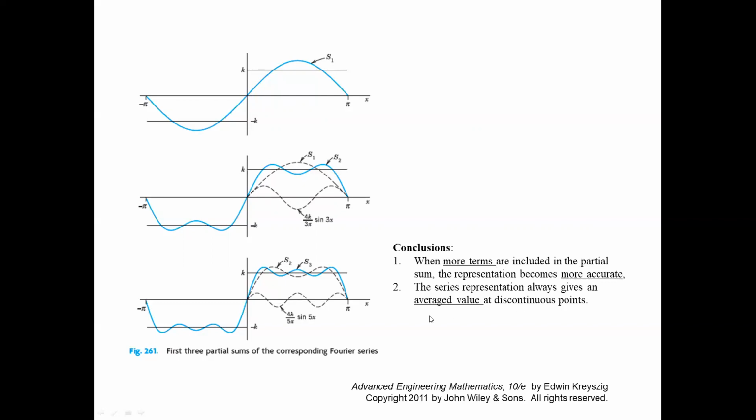Number two, at the discontinuous point, the partial sum always gives us an averaged value between the two points. That means the partial sum always takes the middle ground at the discontinuous point.